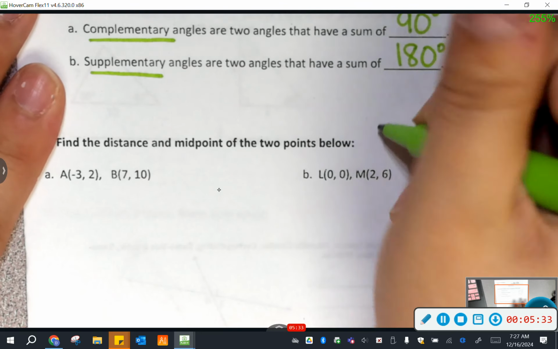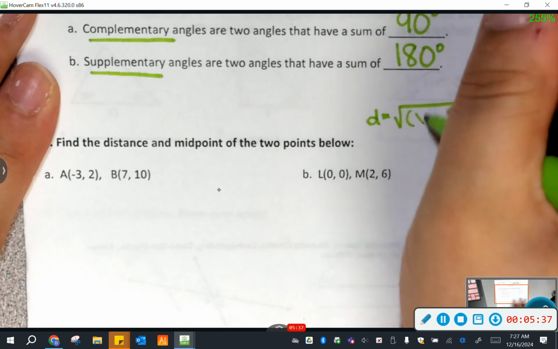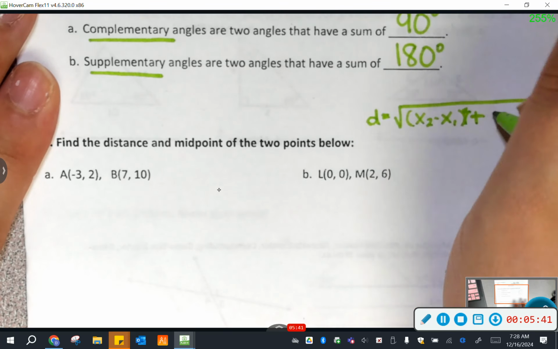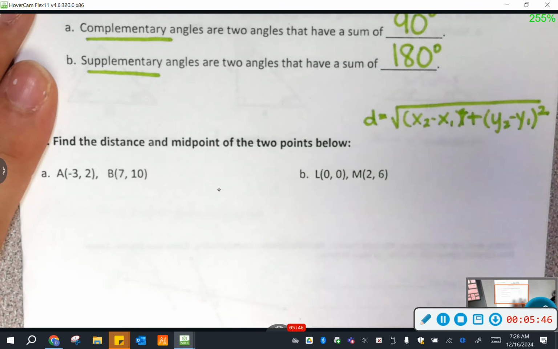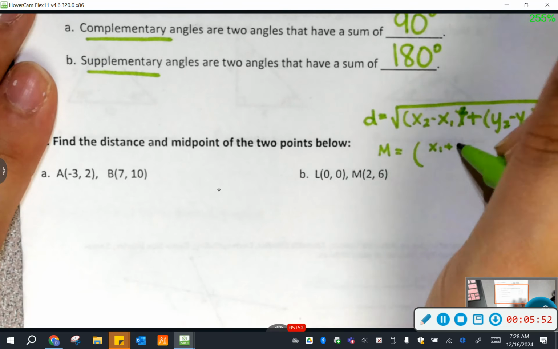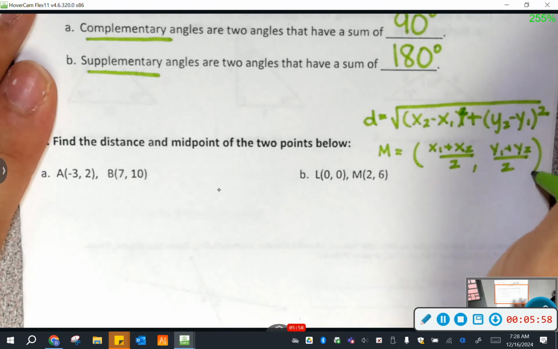As a reminder, your distance formula is the square root of x2 minus x1 squared plus y2 minus y1 squared. Your midpoint formula is x1 plus x2 divided by 2, y1 plus y2 divided by 2.